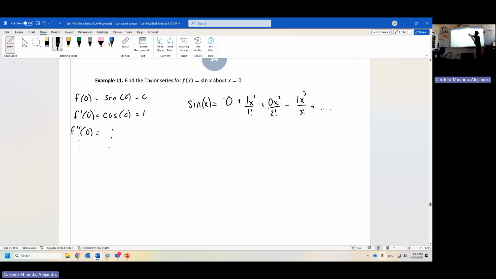And so then if you ignore all the zeros, you get this pattern: x minus x cubed over 3 factorial plus x to the 5th over 5 factorial minus x to the 7th, and so on. So the general term is still alternating.